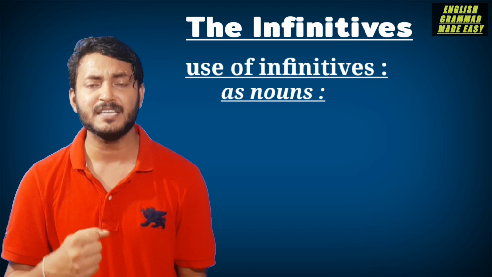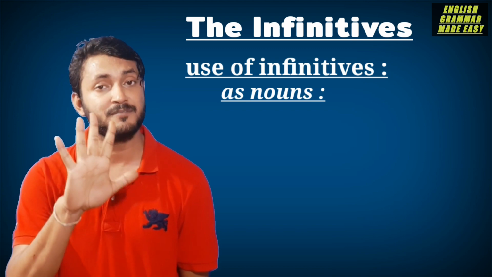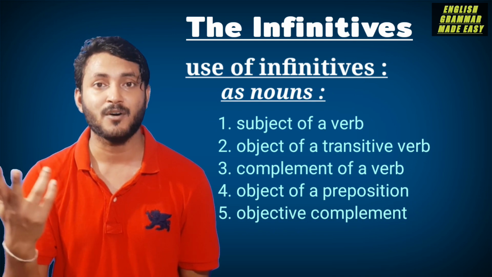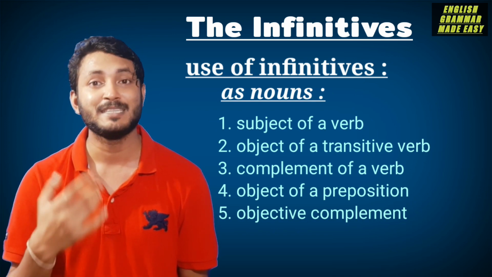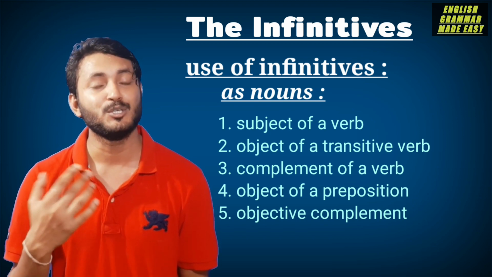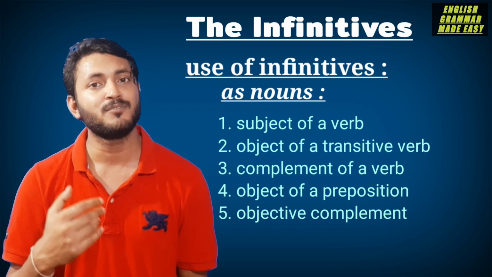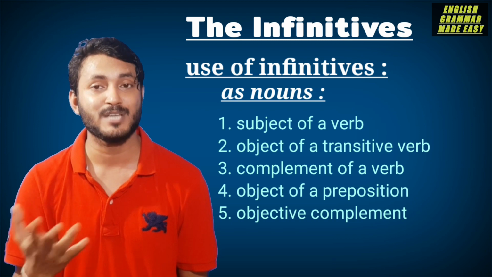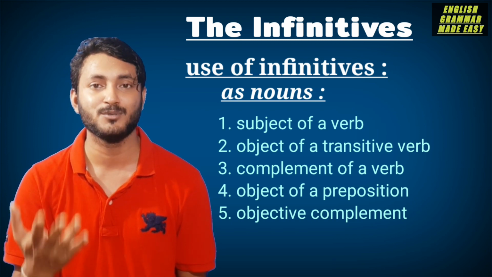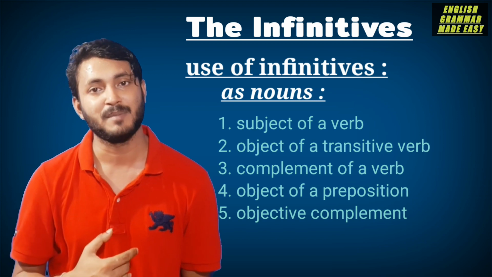So when infinitives are used as nouns, they are used in 5 different manners. They are used as subjects of verbs, they are used as objects of transitive verbs, they are used as complements of be verbs, they are used as objects of prepositions, or they are used as objective complements.